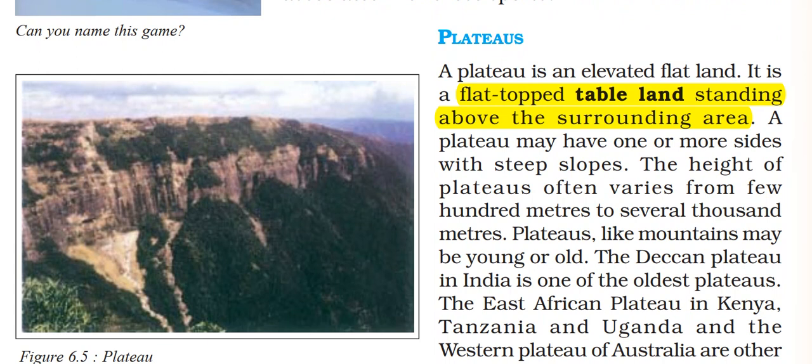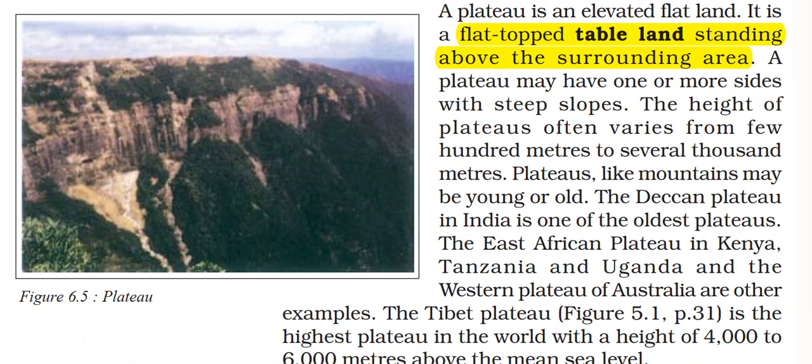Plateau. A plateau is an elevated flat land. It is a flat-topped tableland standing above the surrounding area. A plateau may have one or more sides with steep slopes. The height of a plateau often varies from a few hundred meters to several thousand meters. Plateaus, like mountains, may be young or old.